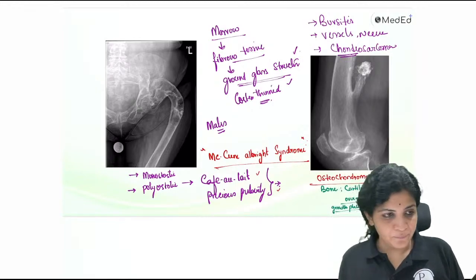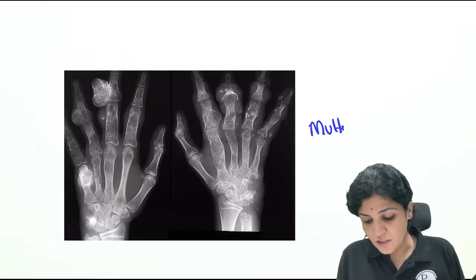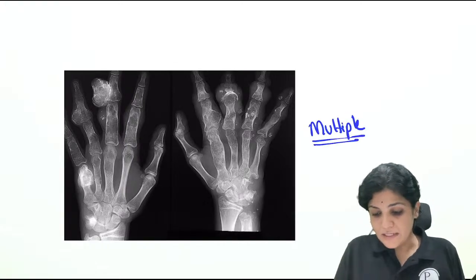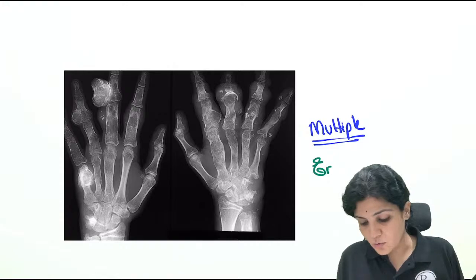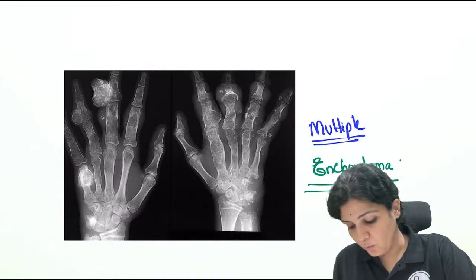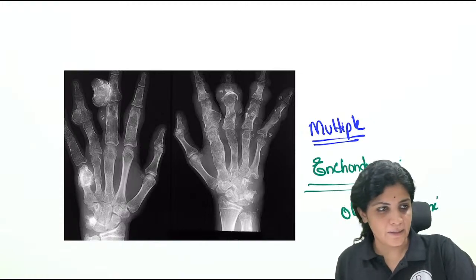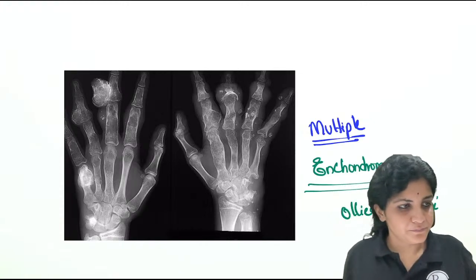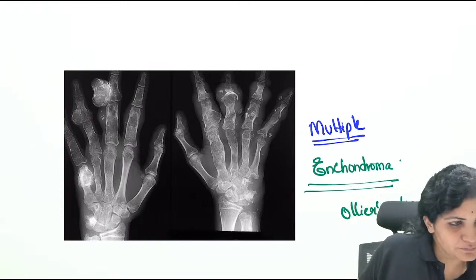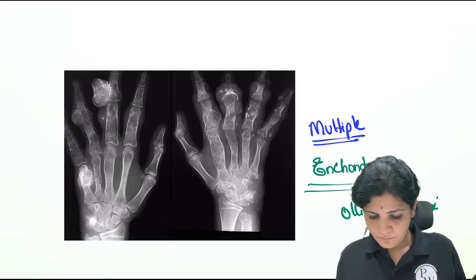Is this clear? Then what is this? These are multiple swellings which we can see. This is a cartilage tumor again, called enchondroma. Multiple enchondromas are called multiple enchondromatosis, or Ollier's disease.